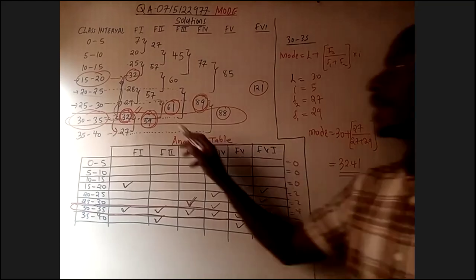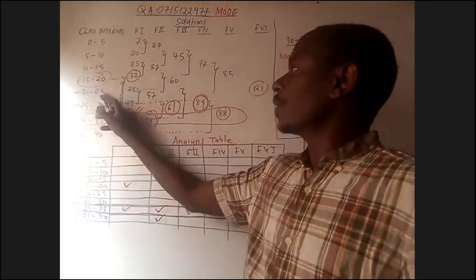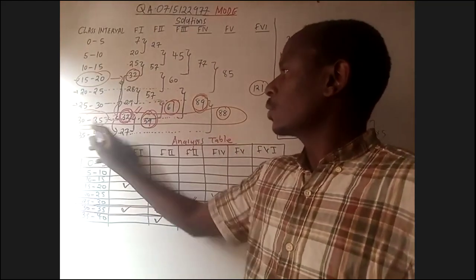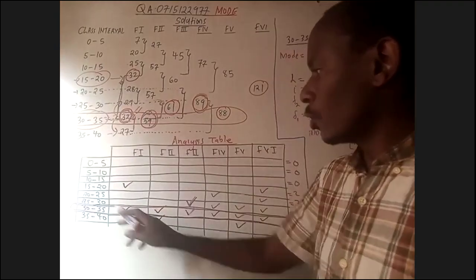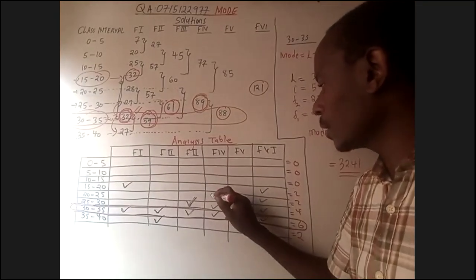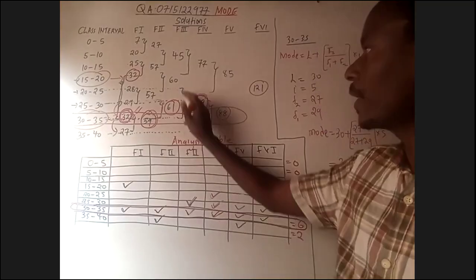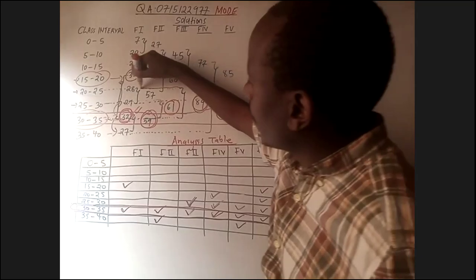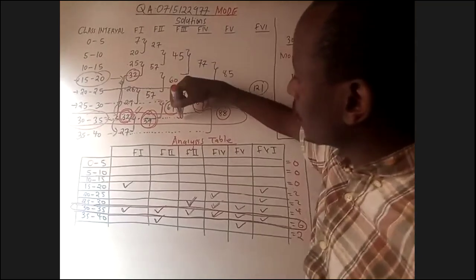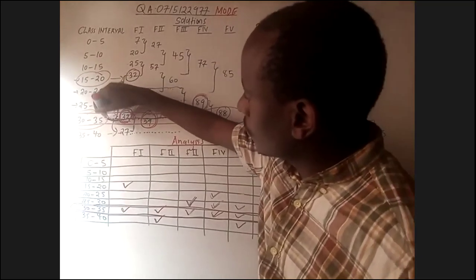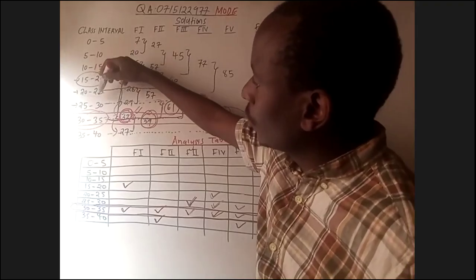Now looking at 89, it lies between 20 to 25 and 30 to 35. So you tick all. From 20 to 25 you tick. 25 to 30 also you tick, because looking here it lies between that point and this other point. So 20 to 25, 25 to 30 and 30 to 35.